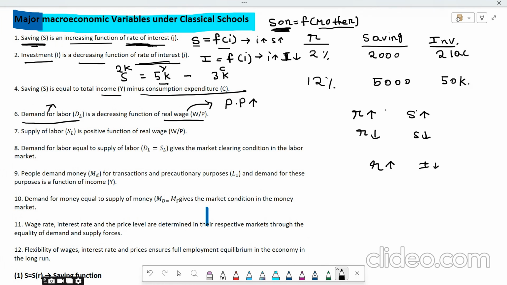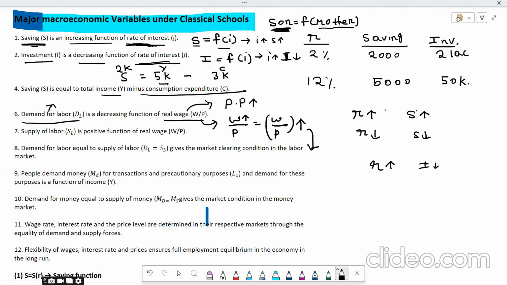Demand for labor is done by the producers. Now, if the purchasing power increases, it means wages are increasing, that's why wage by price is increasing. If wages increase, only then will the wage by price also increase.